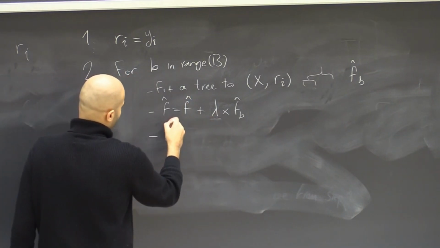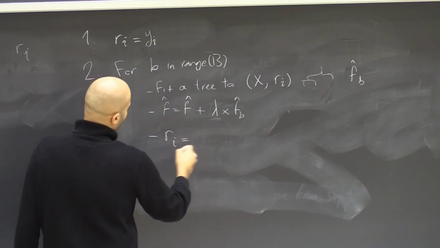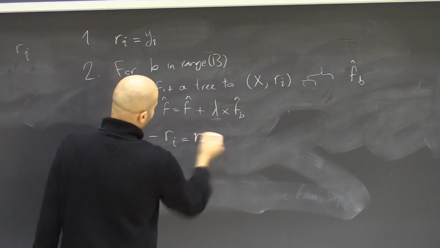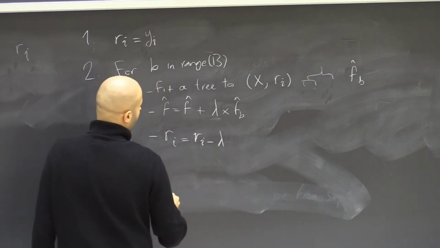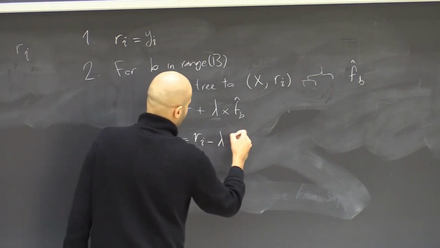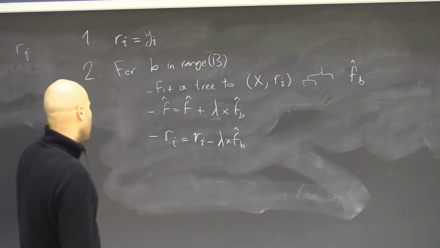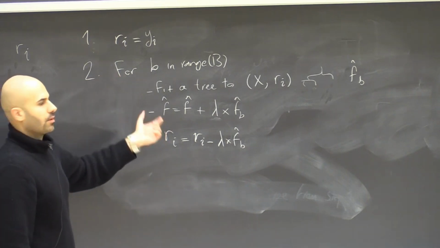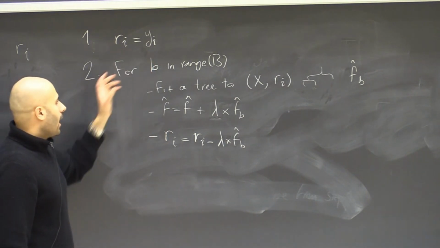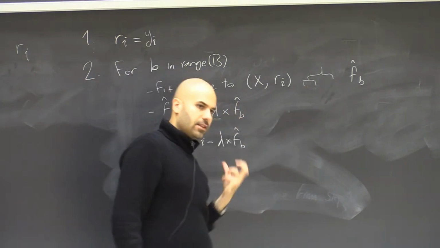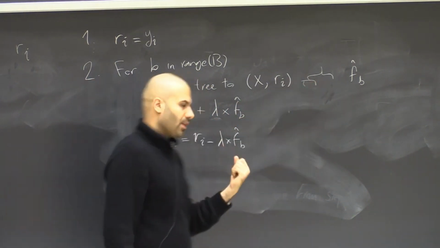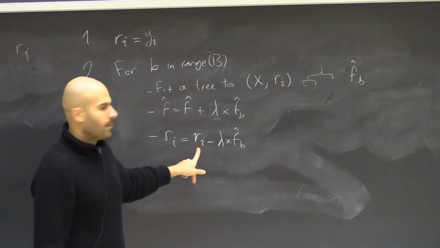Then we update the residual. Now our r_i is going to be what it was minus lambda times f hat b. So we're kind of sequentially attacking the residual. The residual is the response at the beginning, and then we take this part from it, predict this much of it, and then the residual will get smaller.